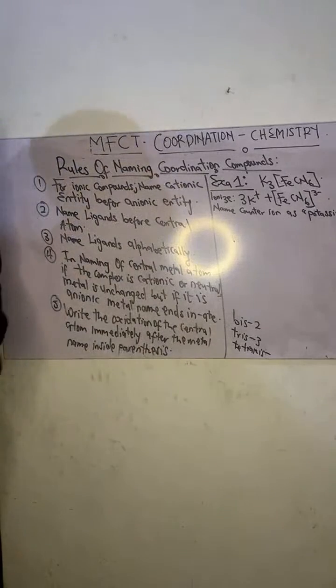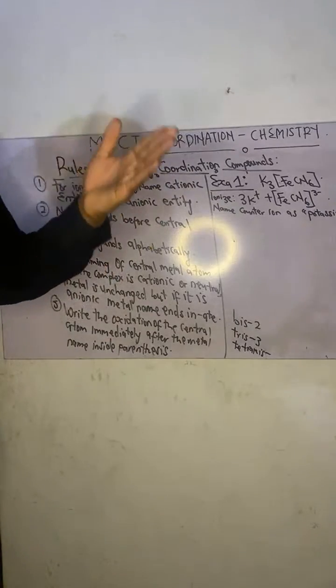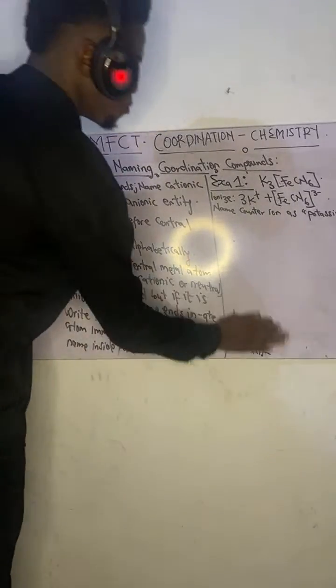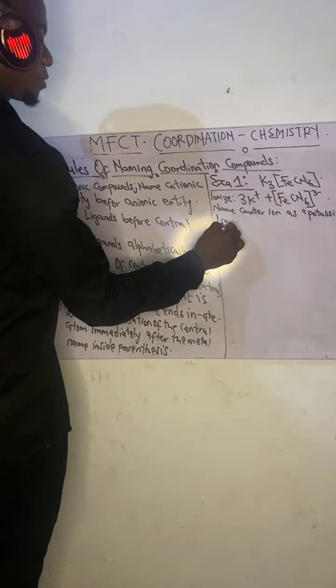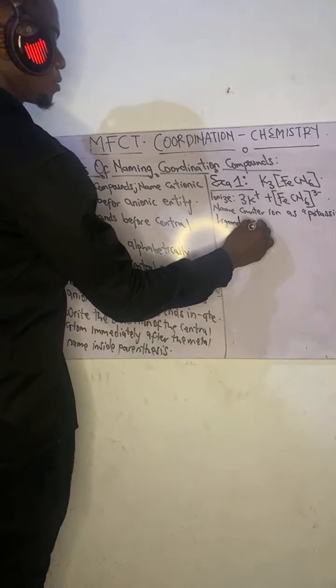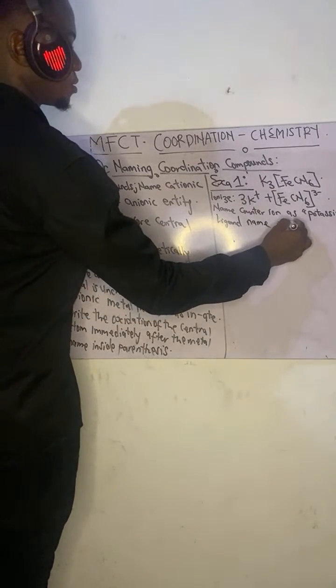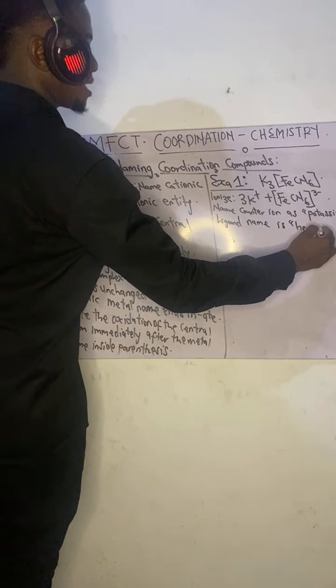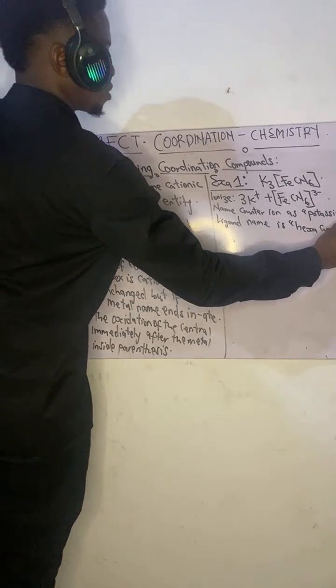Here CN is a monodentate ligand, hence we use hexa for 6. So the ligand name is hexacyano. The ligand name for CN is cyano.